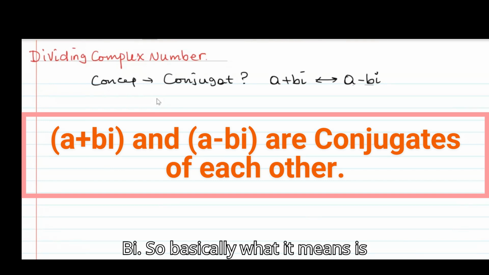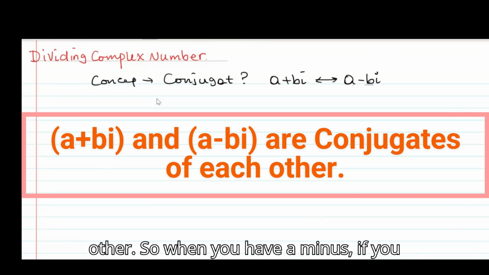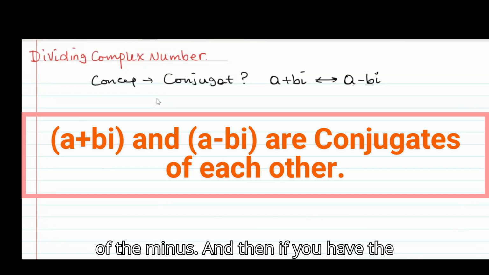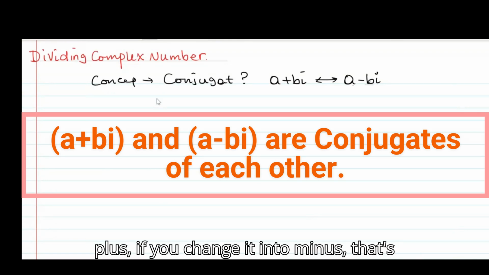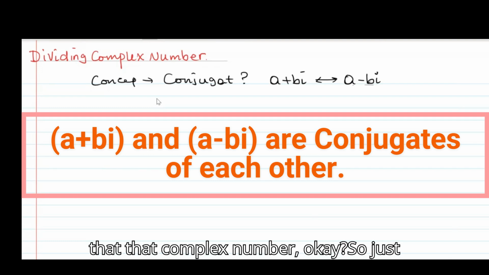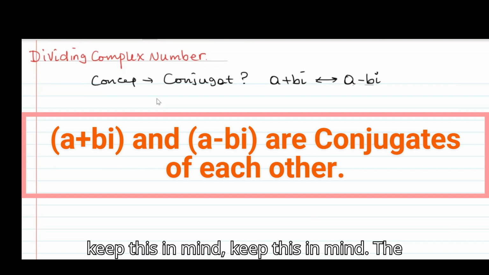Both of them are conjugates of each other. So when you have a minus, if you switch it into plus, that's the conjugate. And if you have the plus, if you change it into minus, that's the conjugate of the complex number. Okay, so just keep this in mind.